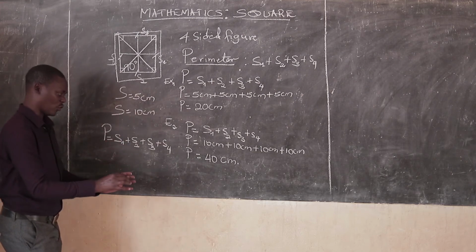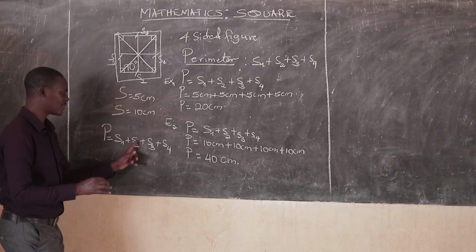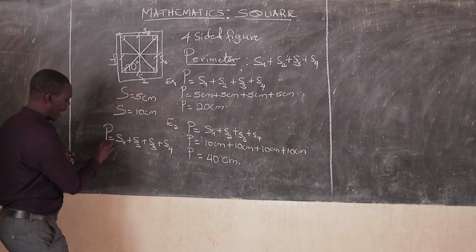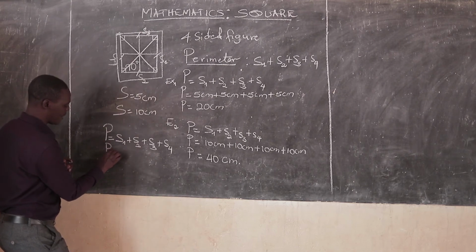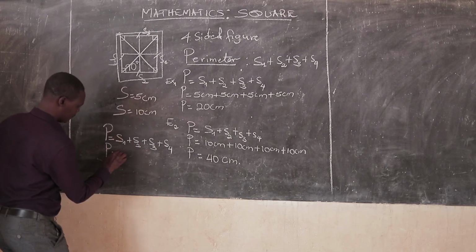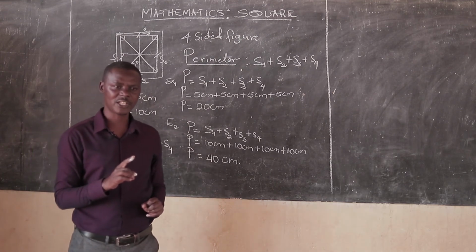To make it short, we know the four sides are equal. Now, as they are equal, our perimeter will simply be one side, as S, standing for the side.